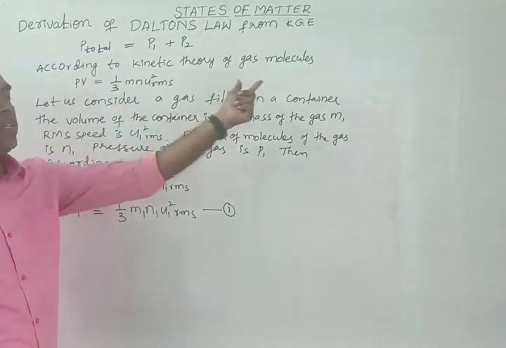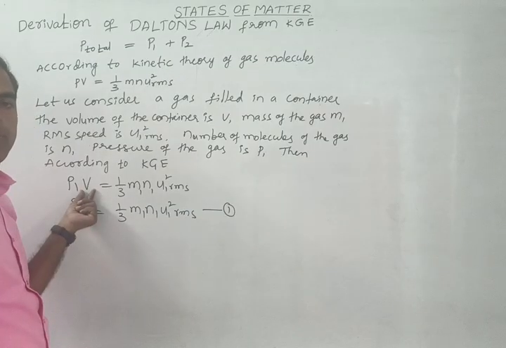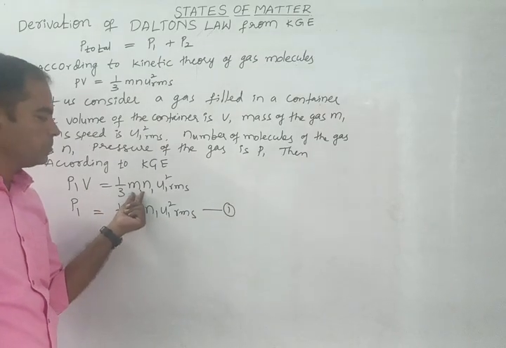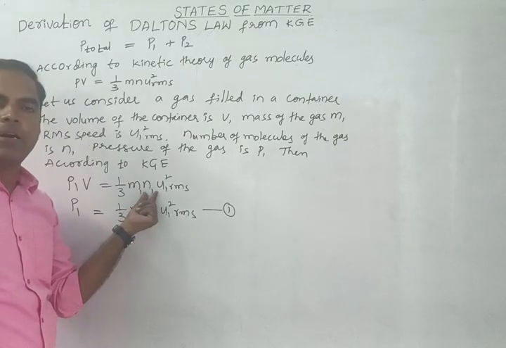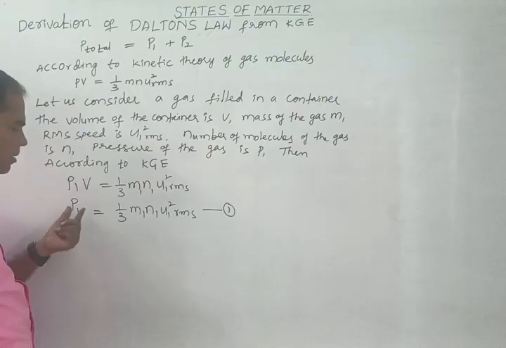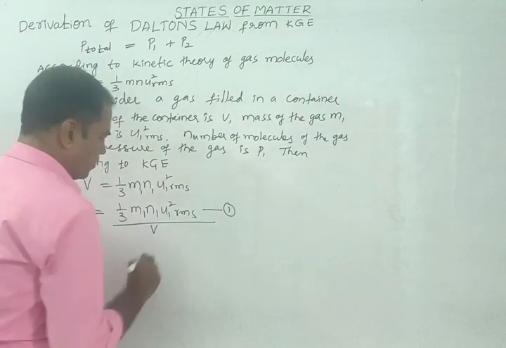This is the first gas. The volume of the vessel is V, so P1V equals 1 by 3 M1 N1 U1 square RMS, where M1 is the mass of the first gas, N1 the number of molecules, and U1 square RMS the RMS speed. From this, P1 equals 1 by 3 M1 N1 U1 square RMS by V.